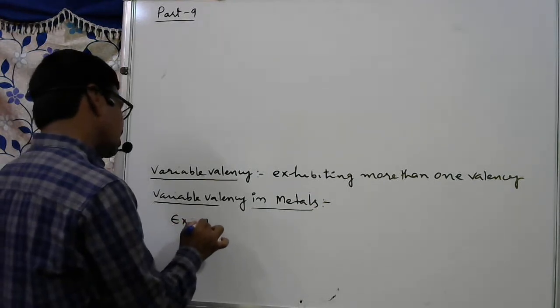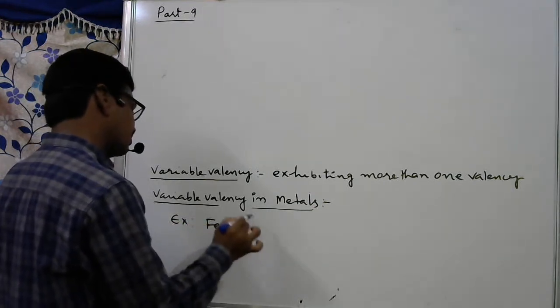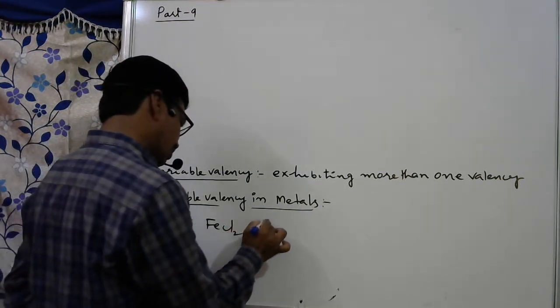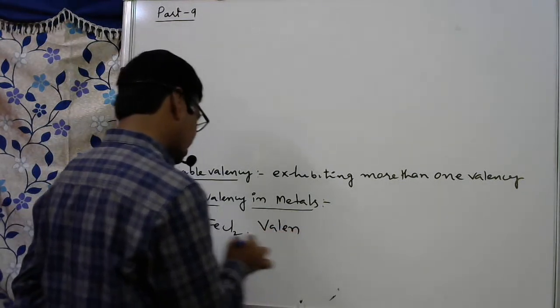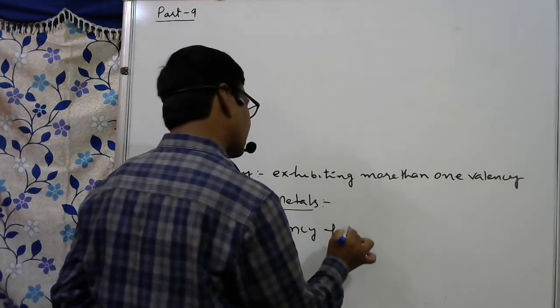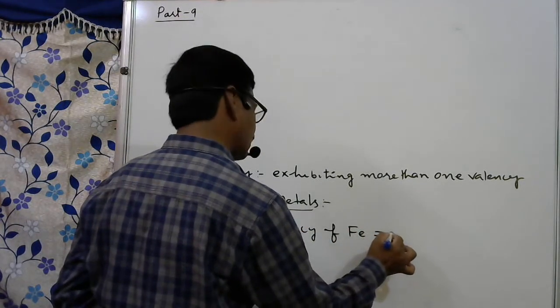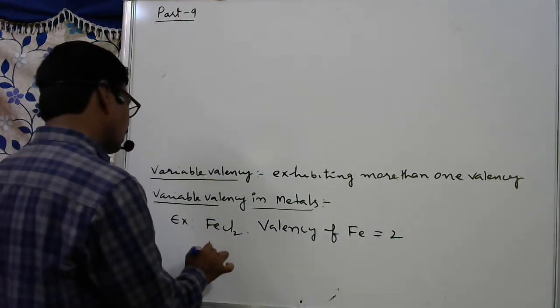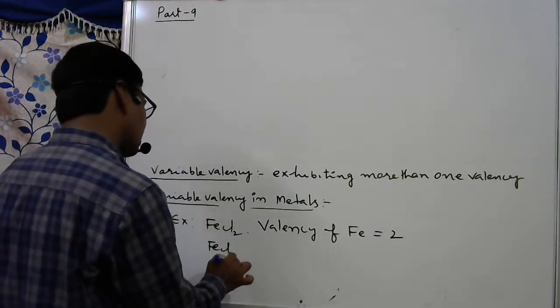See here, FeCl2 I'm taking. With respect to chlorine, the valency of iron here. It is iron chloride. Valency of iron is equal to 2 because 2 chlorides are present. Similarly, we have one more compound, FeCl3.